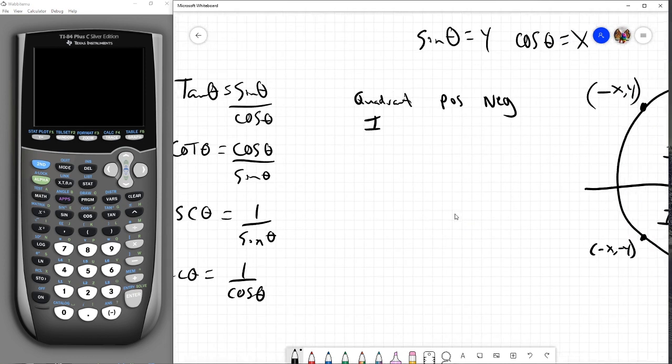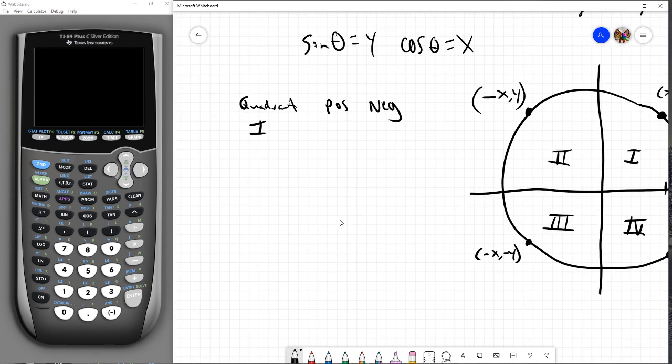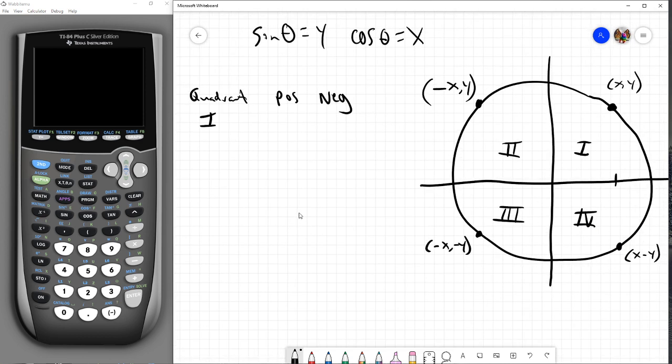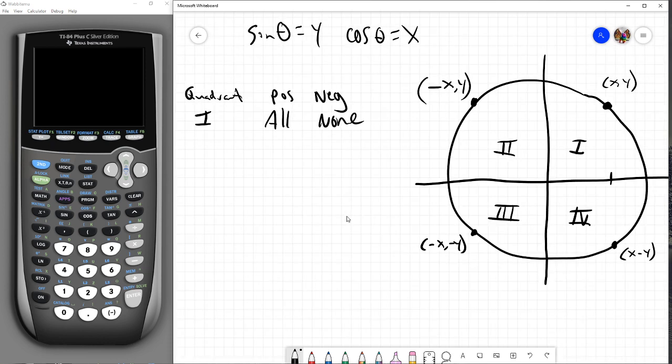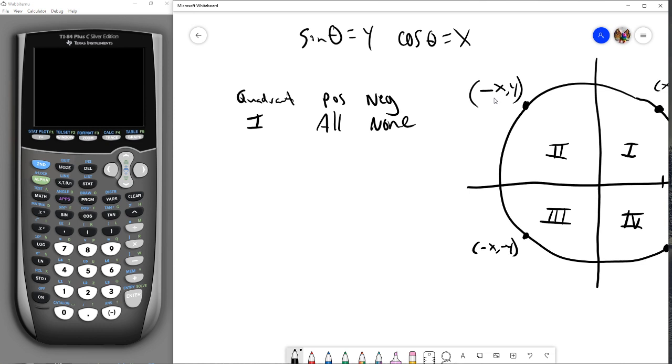Now, when we think back to x and y here, since all 4 of the other trig functions are defined in terms of sine and cosine, and sine and cosine are both positive, that means all 6 trig functions are positive in quadrant 1, and none of them are negative. Quadrant 2, on the other hand, cosine is going to be negative because x is negative, whereas sine is positive.